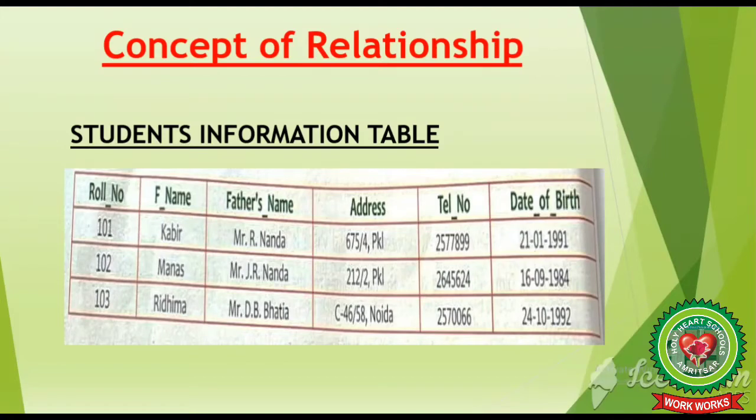So firstly, I will take the first table, that is the student's information table. In this table, I have taken some fields like roll number, name, father's name, address, telephone number and date of birth of the students.